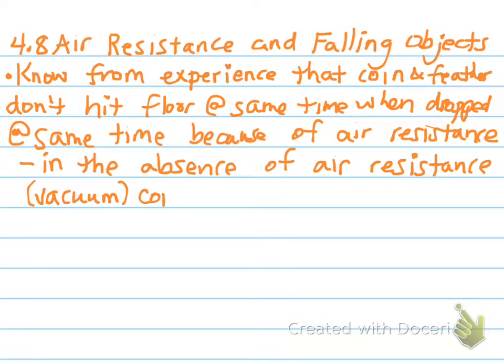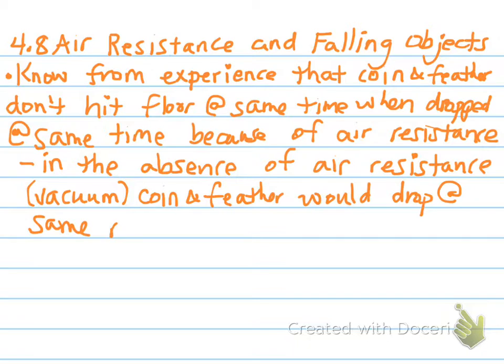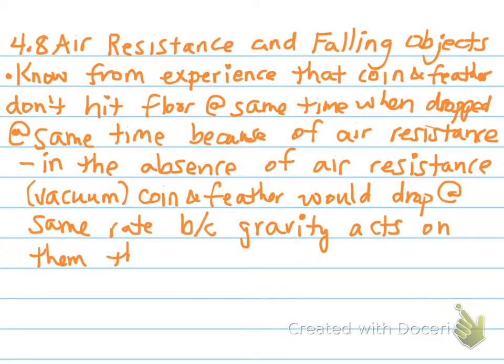Okay, the coin and feather would drop at the same rate because gravity acts on them the same. And again, that's what we do. When we do our calculations in this class, we are assuming there is no air resistance.